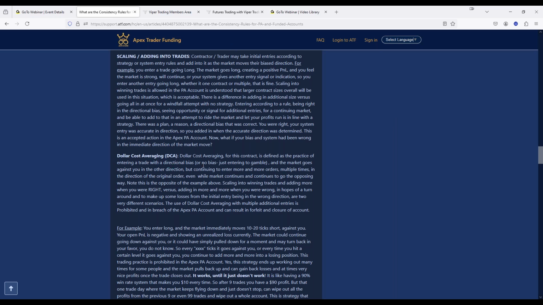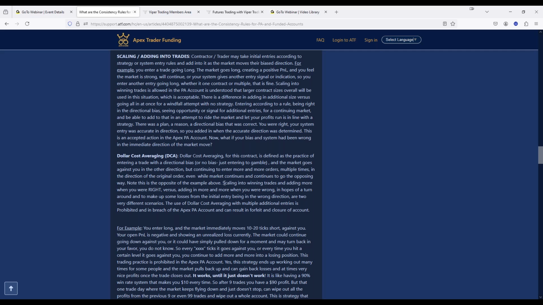Dollar cost averaging for any contract is defined as the practice of entering a trade with a directional bias or no bias at all, just entering to gamble. And the market goes against you in the other direction. But you continue to add more and more orders multiple times in the direction of the original order, even while the market continues to go the opposing way.